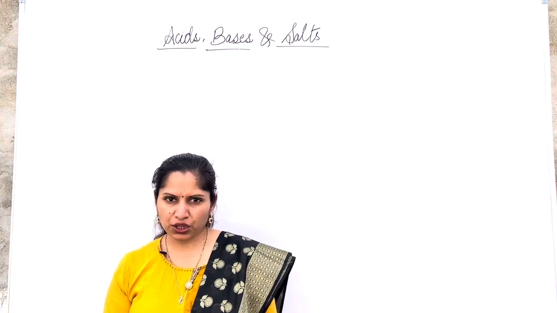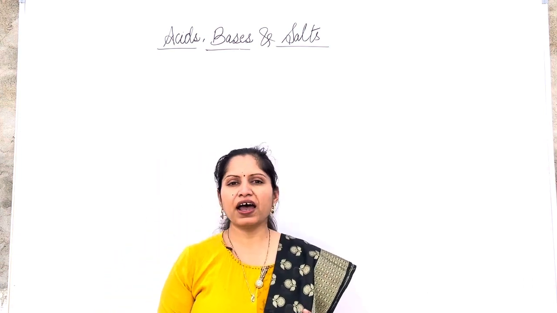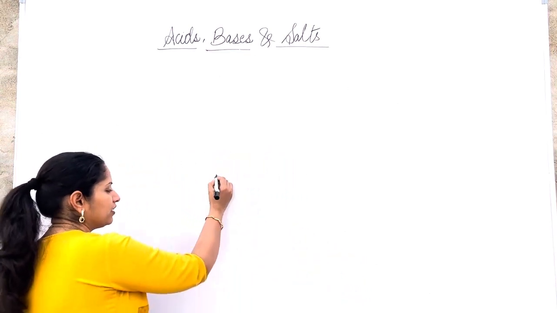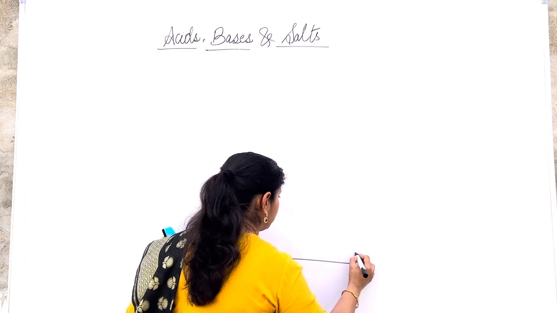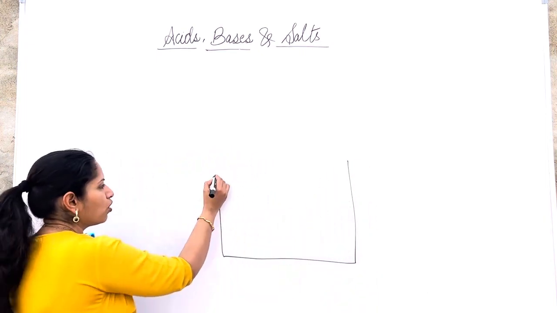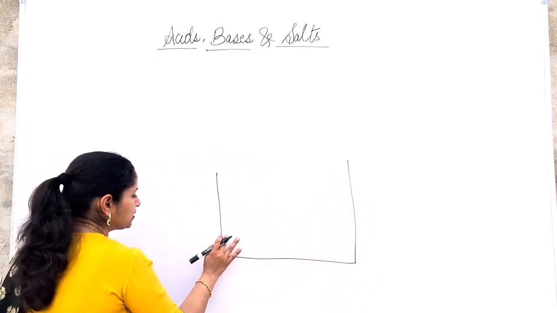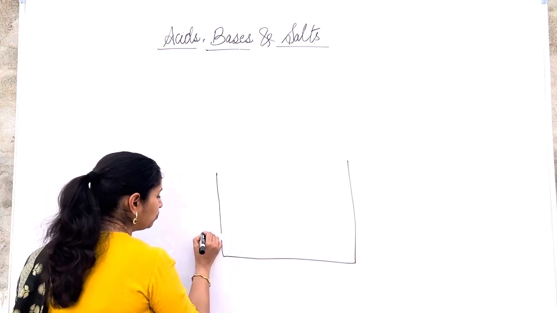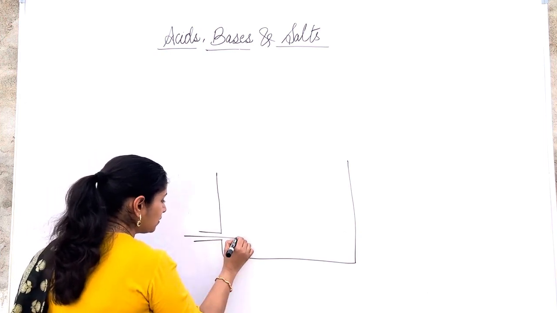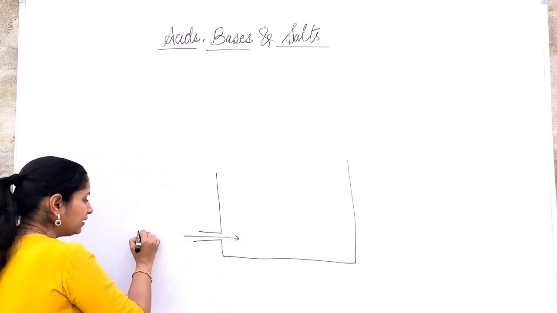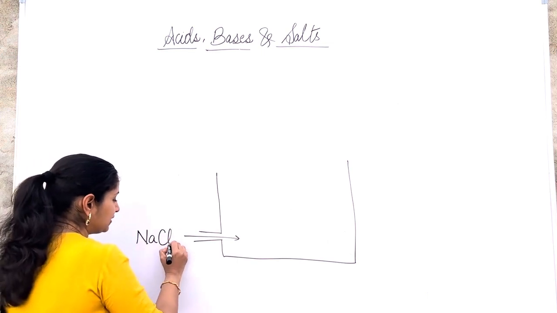So what is NaOH? NaOH is sodium hydroxide, and how is this sodium hydroxide prepared on an industrial scale? We carry out the electrolysis of brine. We take a container and we pass brine in it. What is brine? This is aqueous NaCl.